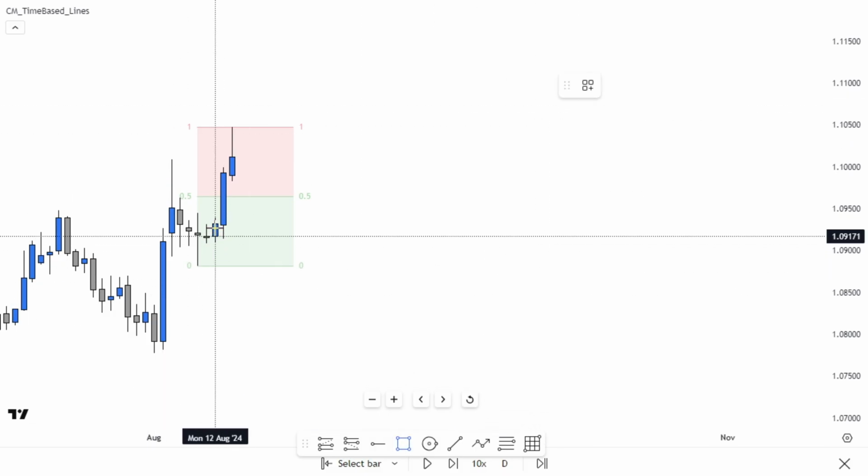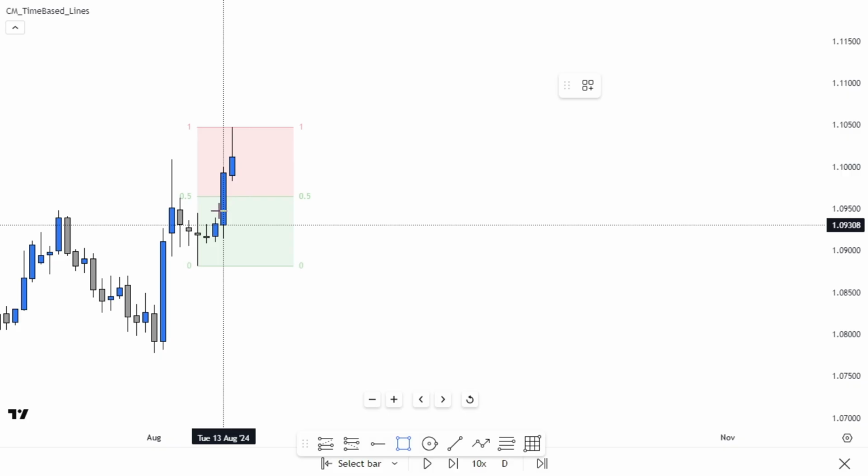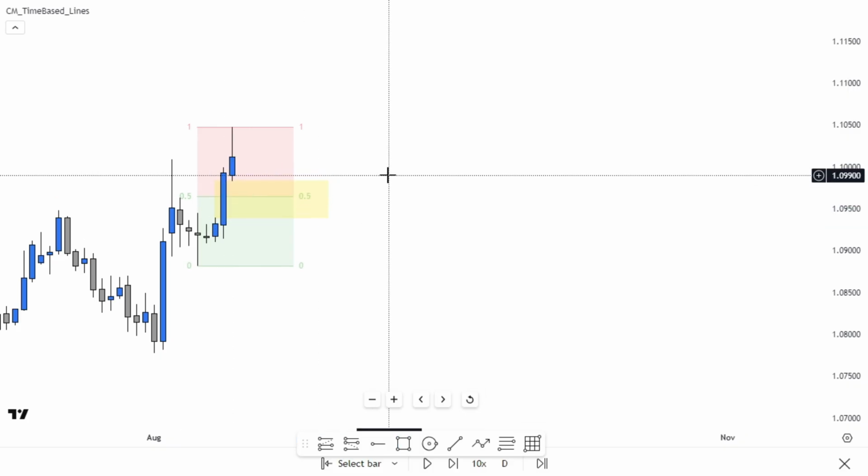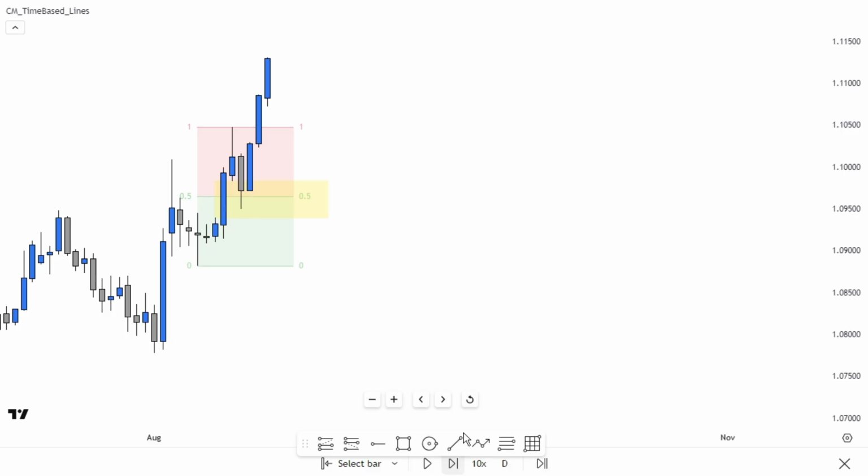So as you see here, we have a PD array, or a fair value gap, within the discounted area. Now let's see how price comes back into that area and reacts. And as you see, price went back into the discounted area, wicked into the fair value gap, and continued upwards.